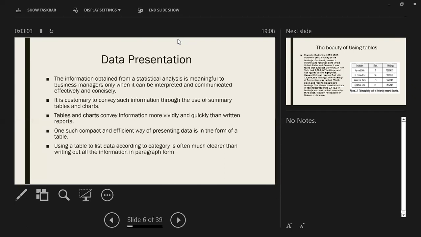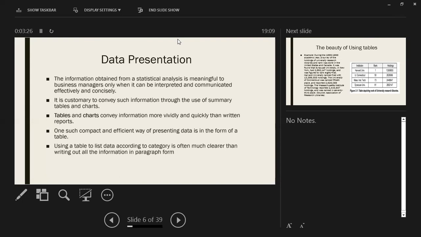The information obtained from a statistical analysis is meaningful to business managers only when it can be interpreted and communicated effectively and concisely, right? So it is customary to convey such information through the use of summary tables.